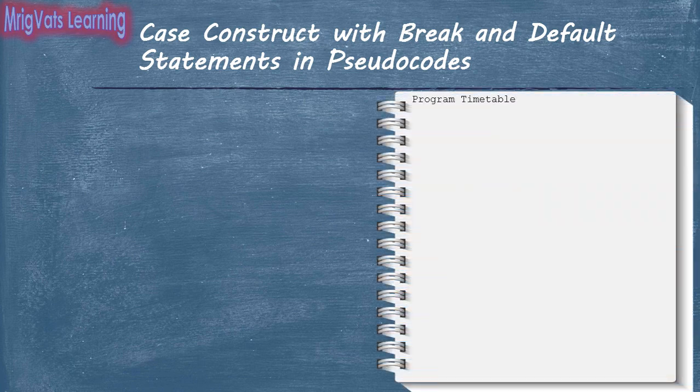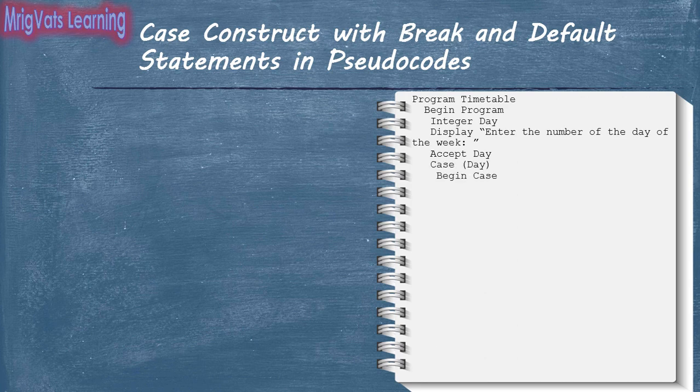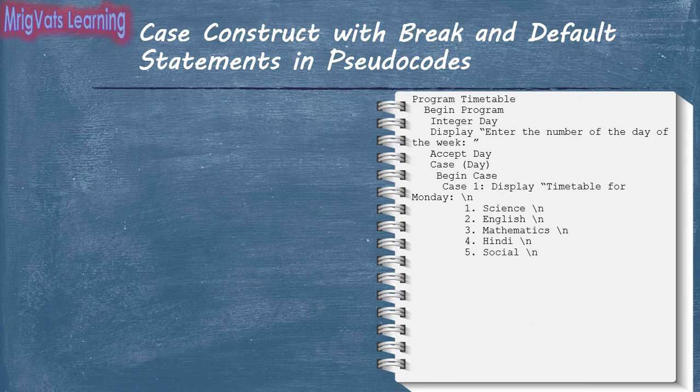Program timetable, begin program, integer day, display, enter the number of the day of the week, accept day, case day, begin case, case 1, display, timetable for Monday, \n, 1, science, \n, 2, English, \n, 3, mathematics, \n, 4, Hindi, \n, 5, social, \n, 6, games, break.